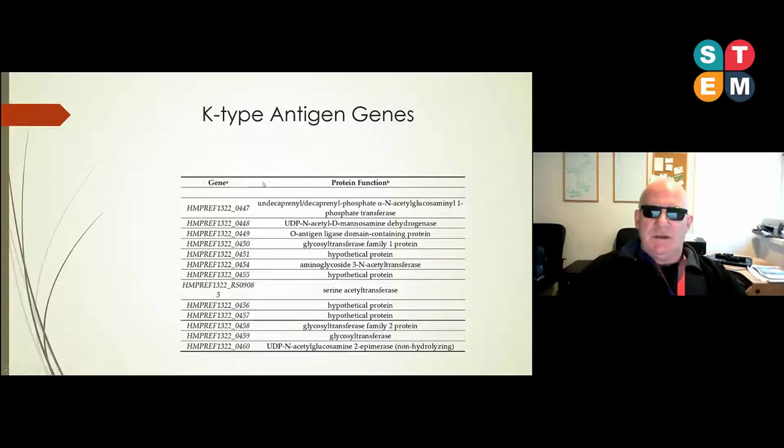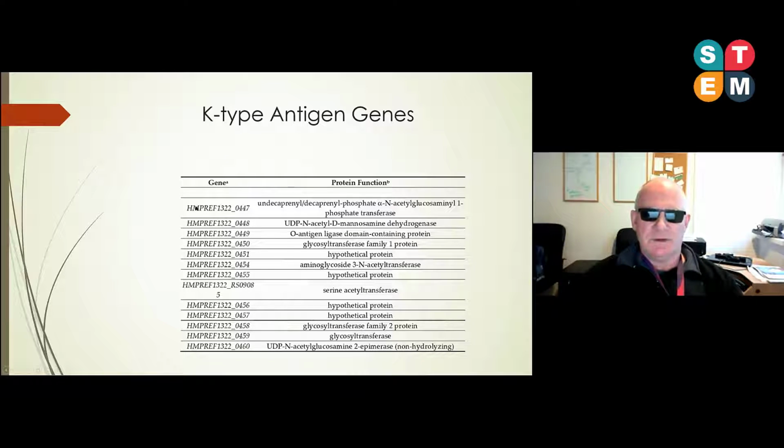So the K-type antigen, essentially, is a cluster of genes which was sequenced, and there are 13 genes. That was for W50, I believe, originally done. And almost each one of them, except two, can be assigned a specific function based on bioinformatic analysis.